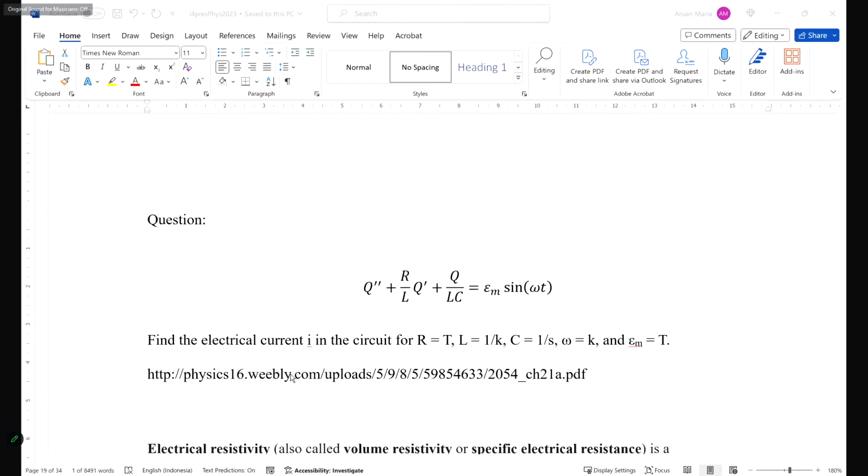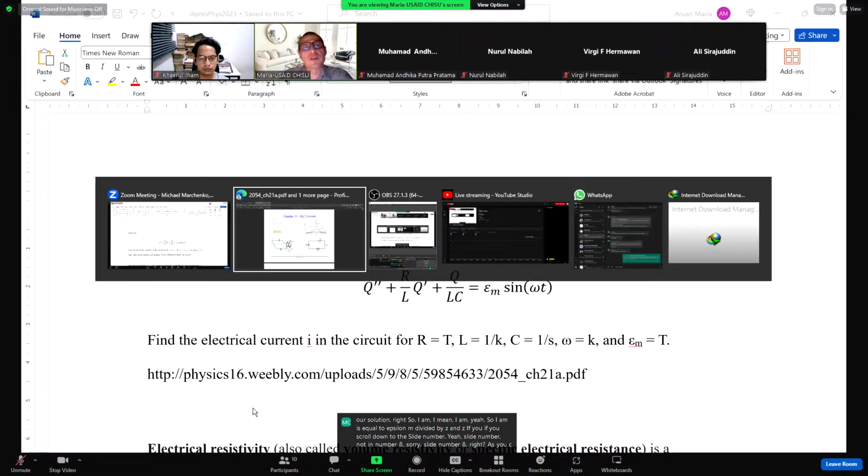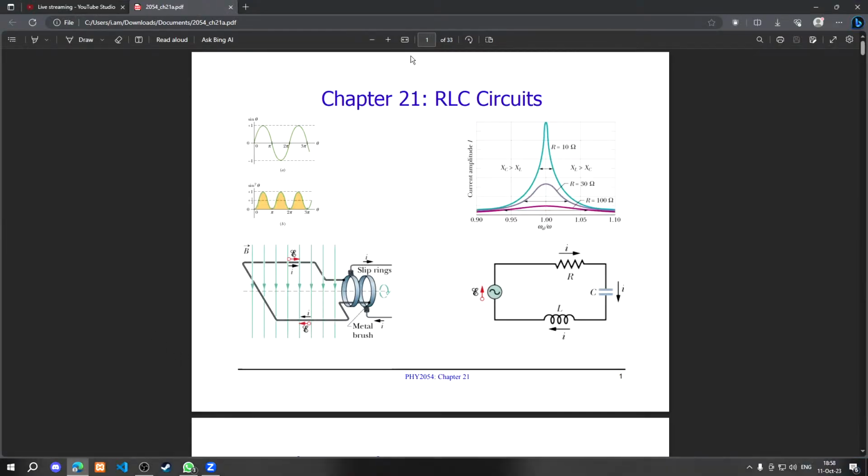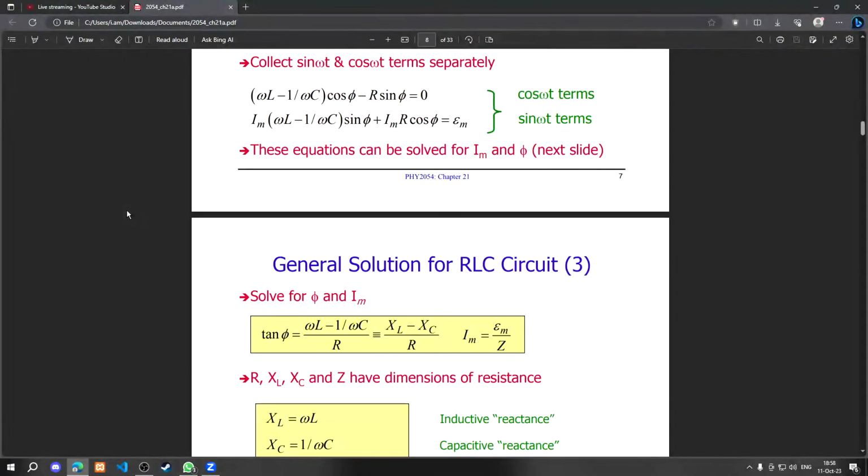So IM is equal to epsilon M divided by Z. And Z, if you scroll down to slide number 8, right? As you can see, Z is the total impedance, total kind of compound resistance.